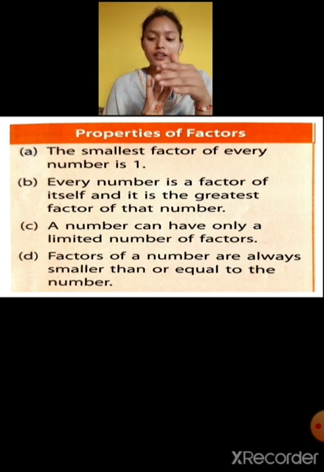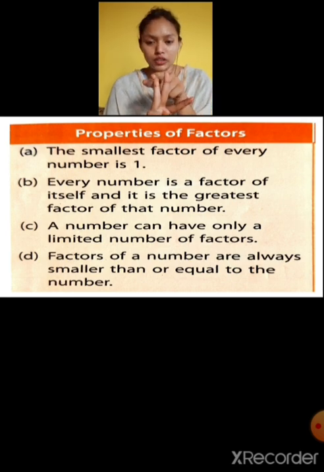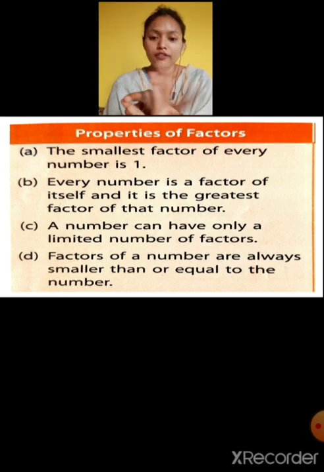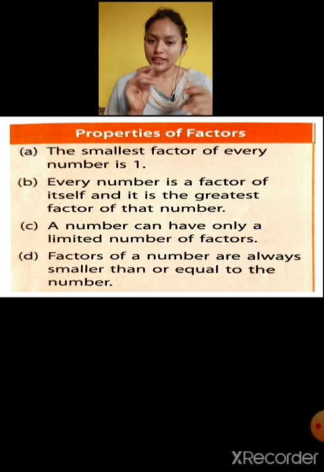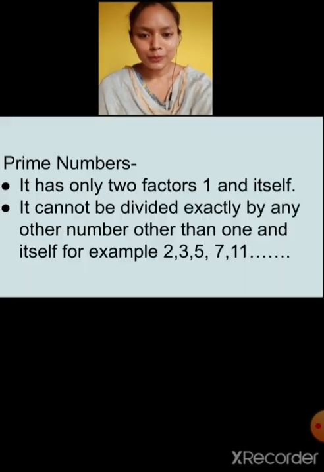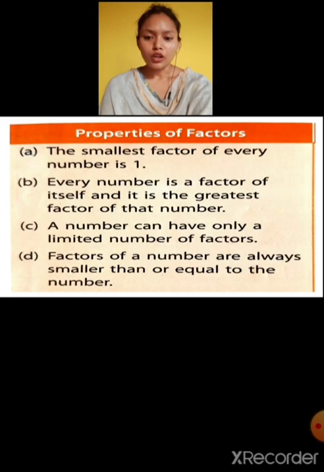Third, there are only a limited number of factors. Last point, factors are always equal to or smaller than the number. Is it clear? So these were the properties of the factors.